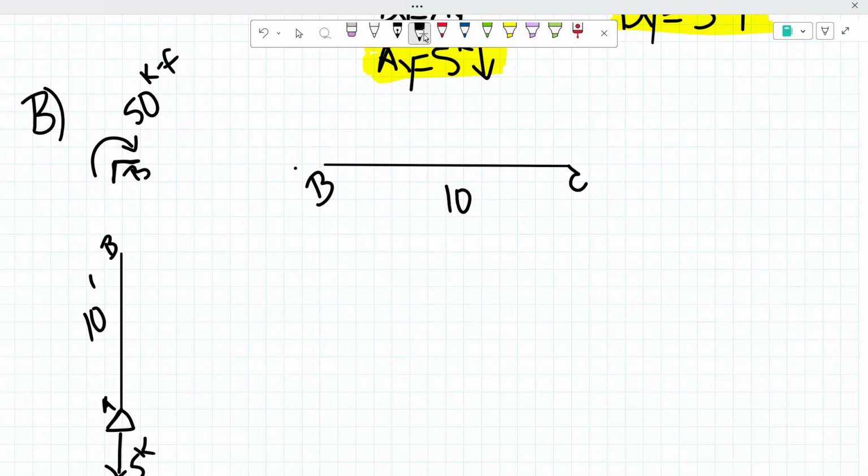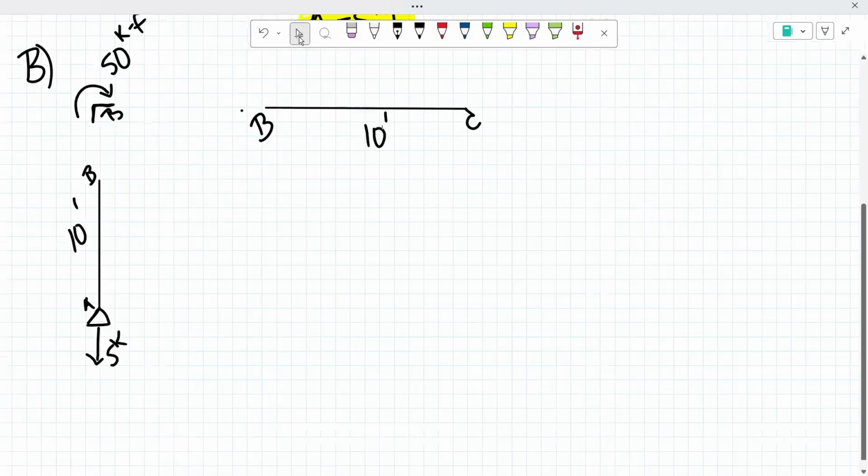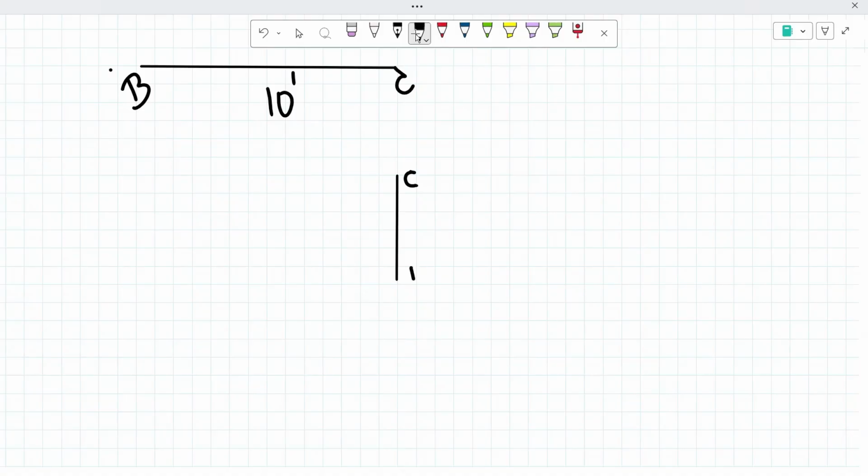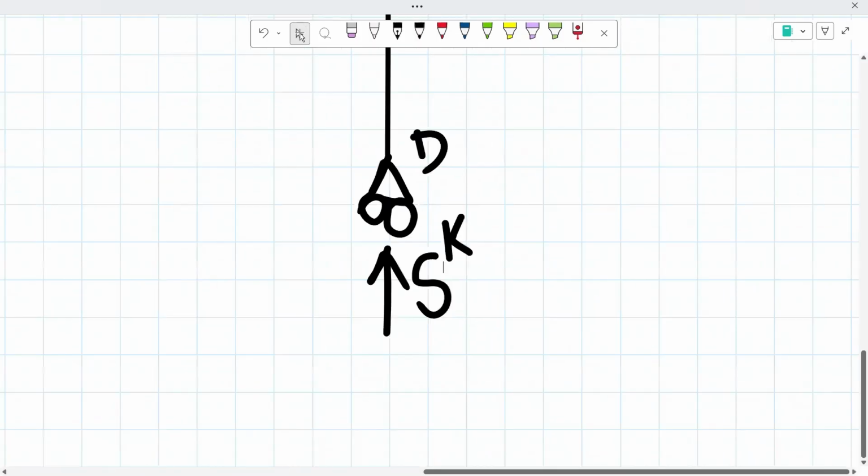We know that that is also 10 feet. And then from there, we have beam CD. We have a roller, and we know that we have 5 kips acting upwards on that point.